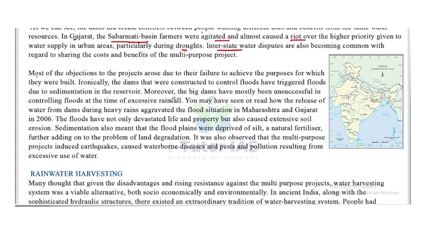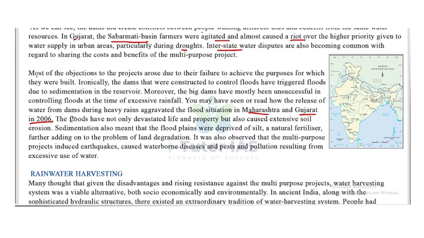You may have seen or read how the release of water from dams during the heavy rains aggravated the flood situation in Maharashtra and Gujarat in 2006. So in 2006, excessive rainfall happened in Maharashtra and Gujarat, which led to the release of water from the dams, and it caused a flood situation in these two states.